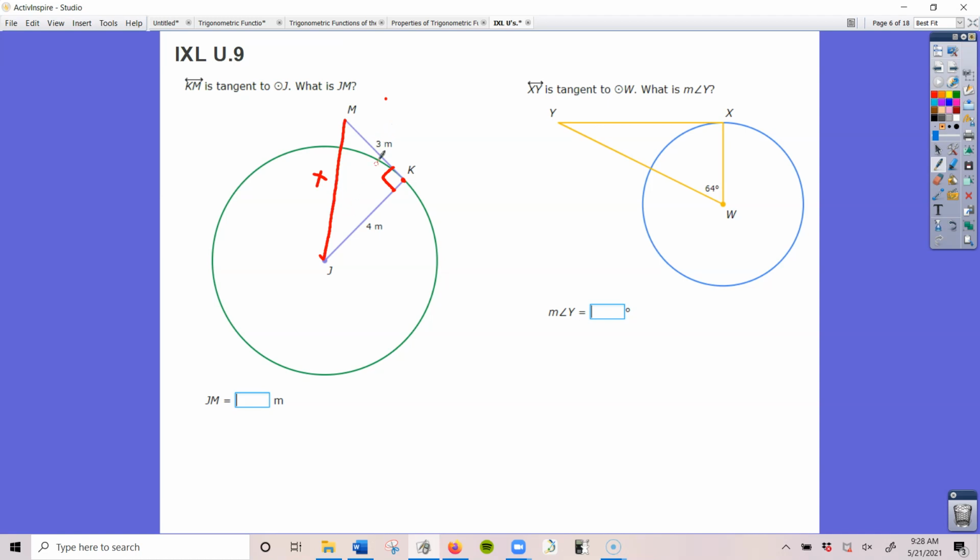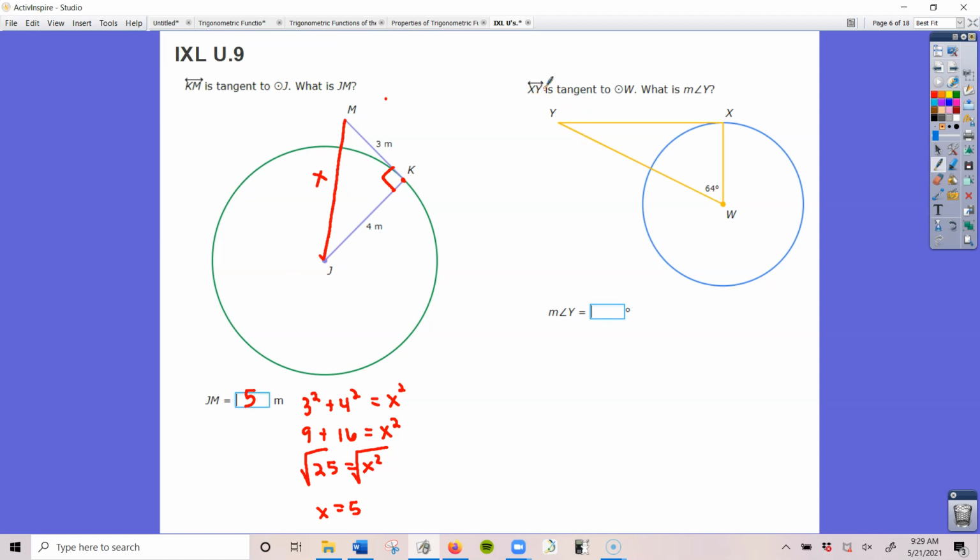These are your legs, so this is A and B. So we would do 3 squared plus 4 squared is equal to x squared. 3 squared is 9, plus 4 squared is 16, is equal to x squared. 9 plus 16 is 25, and then you square root both sides, and you get that x is equal to 5. So that means that the length of JM is 5.